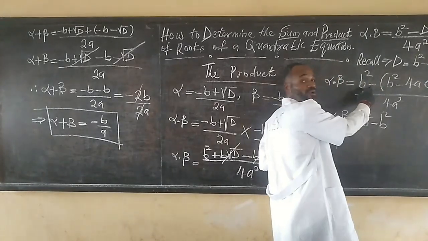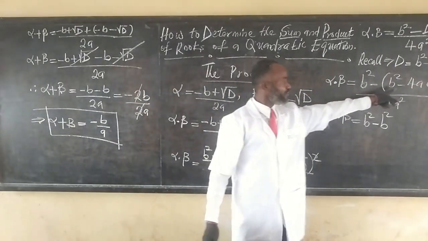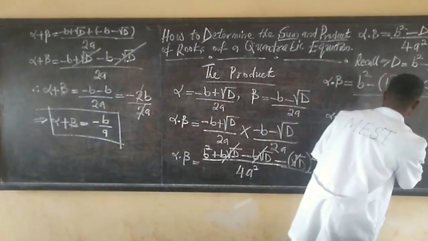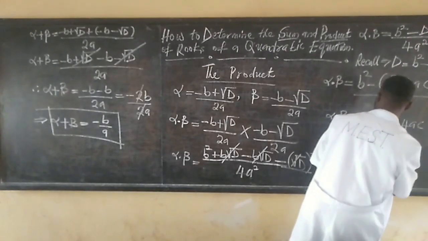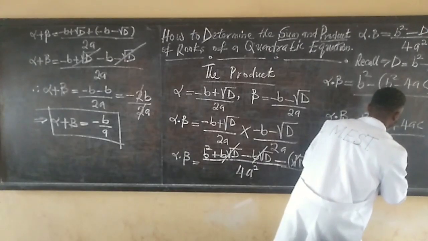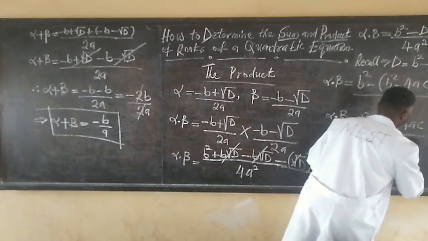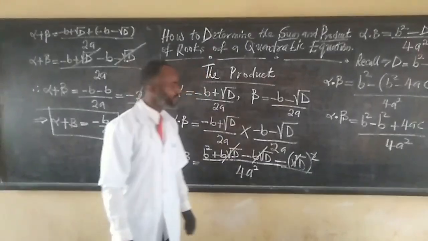This minus again, times this minus, changes it to plus. And we return our 4ac all over 4a squared.